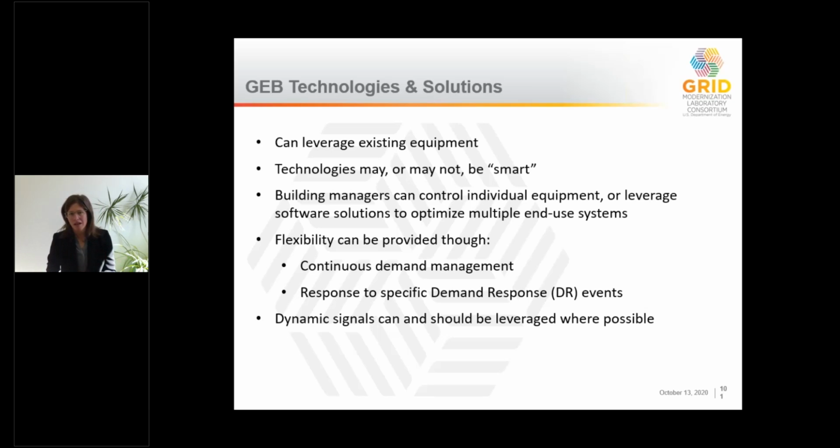We've really operated and modeled buildings in a very static way until now, and now we really need to think about how do we think through more dynamic signals that can be leveraged to optimize the building energy consumption.